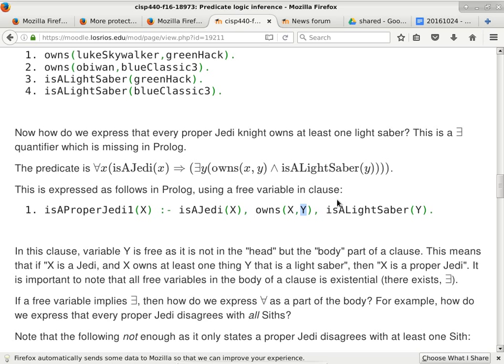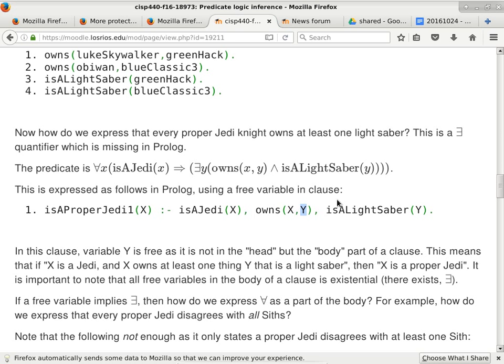If a variable is only in the body but not in the head, it becomes what we call a free variable. X is not free because X is actually in the head as well. So X is already bound by a universal quantifier. A free variable in the body is not bound by the for all, or universal quantifier. It has its own existential quantifier as a part of the body.